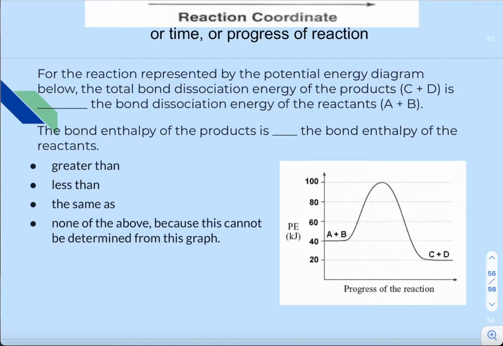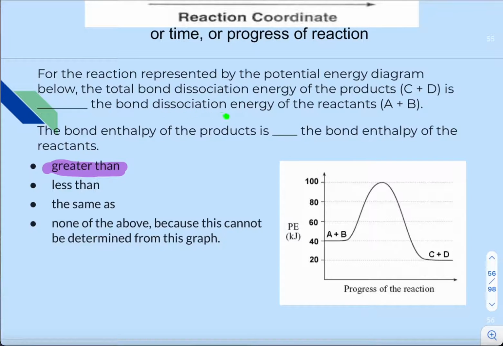The answer here is that it is greater than. The reason for that is that more energy is produced by formation of the products than needed to break up the reactants. Now you might think it's less than, because when you look at the diagram, you see, oh, it has less energy, right?